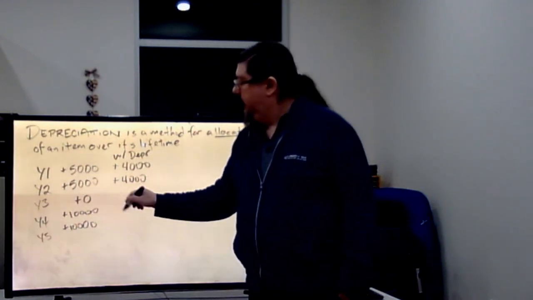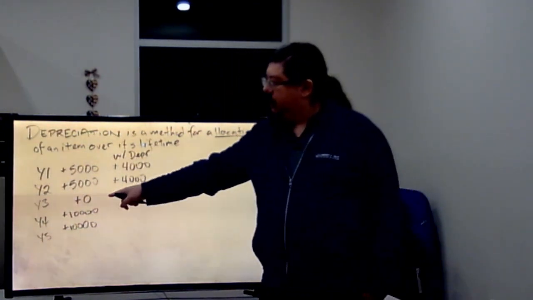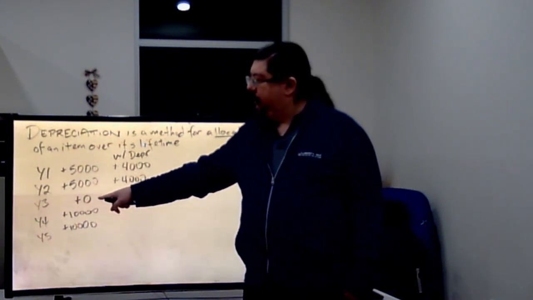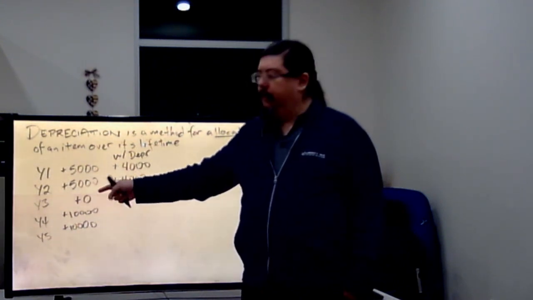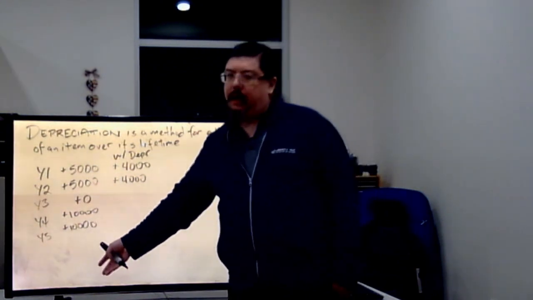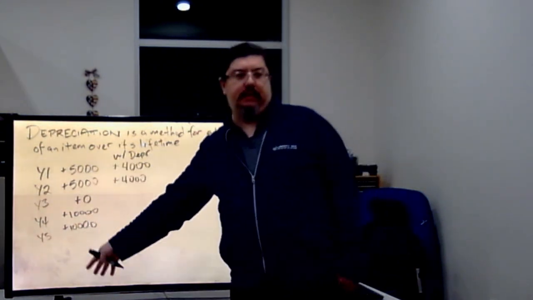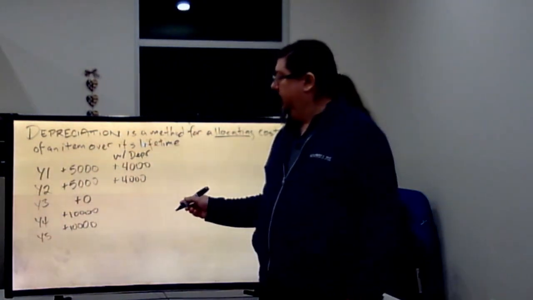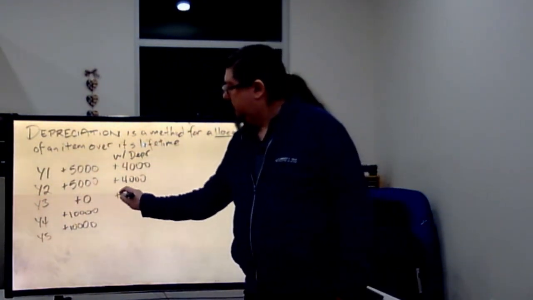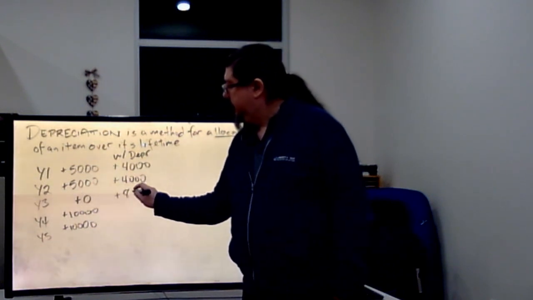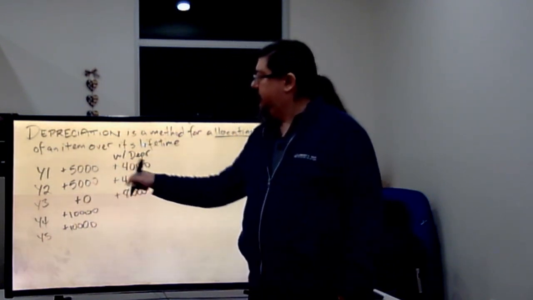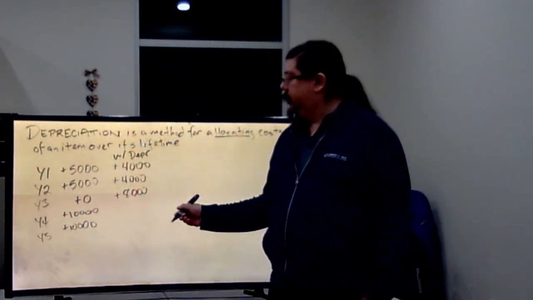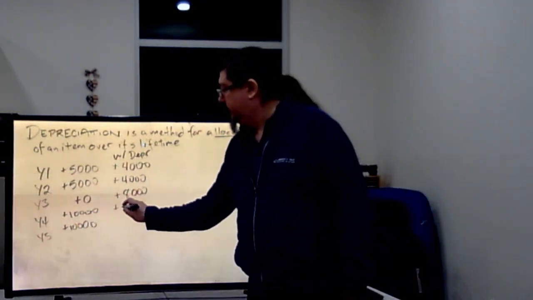And now that $10,000 that I spent on the new machine, instead of deducting it all in year three, I should allocate that cost to all the years that I expect to be able to use it. Year three all the way up to year 12. So I make $10,000. I have $1,000 depreciation on my first machine and $1,000 of depreciation on the new machine. So I'm taking $2,000 depreciation each year.